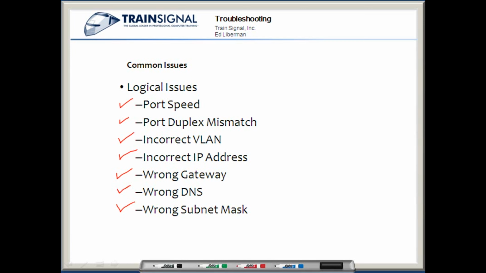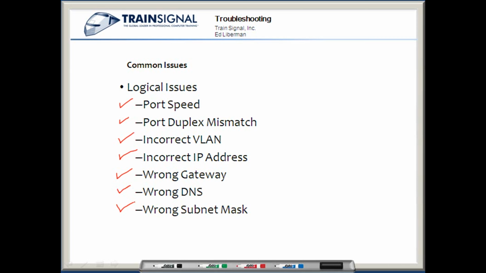If you have the wrong IP address, something that's not part of the subnet you're supposed to be on, you're not going to communicate. If you have the wrong gateway, well, guess what? You might be able to communicate with other devices on your own network, on your own subnet, but you're not going to get off of that subnet or off of that network because you're not pointing to an appropriate router to get yourself there.